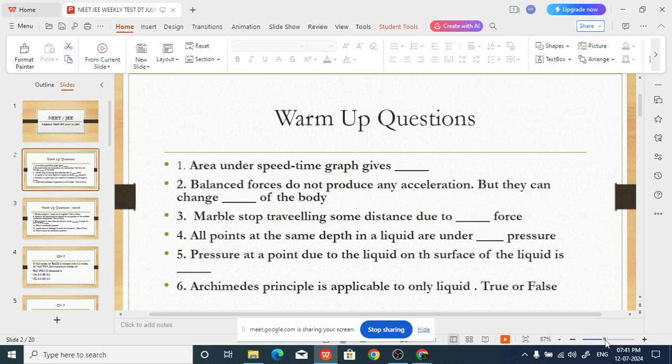If you actually draw a speed time graph, area under the speed time graph gives what? Speed versus time. If you make a graph, the area under that graph gives what?